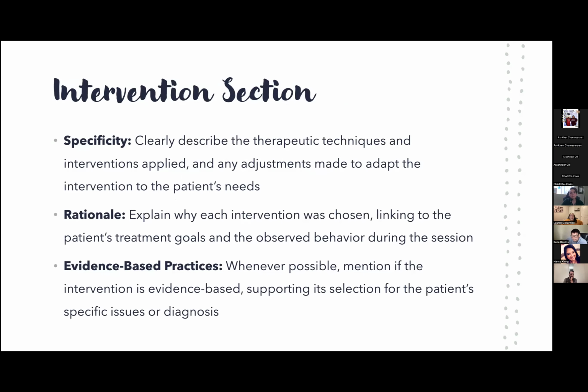And then in terms of the intervention section, what we're looking for here is specificity, a rationale, and then evidence-based practices. So under specificity, we want to be sure that we are clearly describing what therapeutic technique or intervention we're using and any adjustments that we made to adapt the intervention to the patient's needs. So for example, the way that you do empty chair is not going to look the same across the board, right?